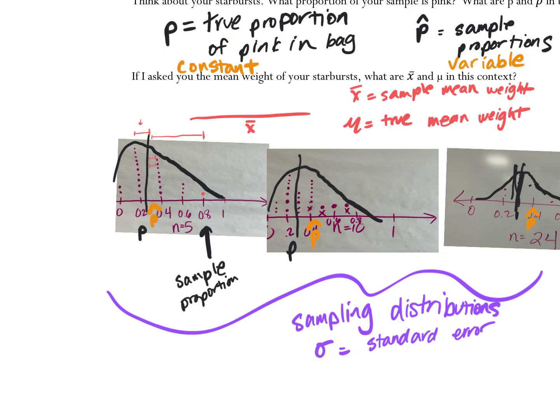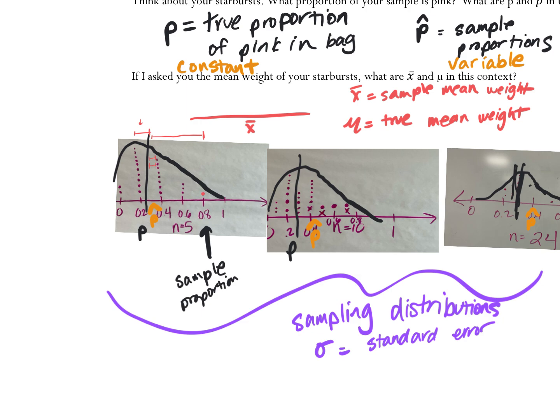So, we will eventually have lots of formulas to calculate standard error. There's known predictable things, okay? But my big idea here is that samples have variability, and that that variability is measured by what we call the standard error, which is really just how off our samples are from the fact that they're samples and not perfect.